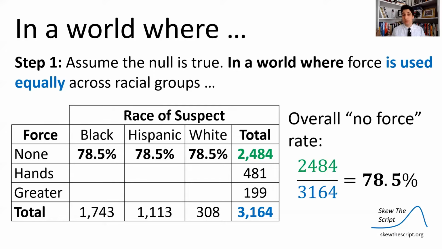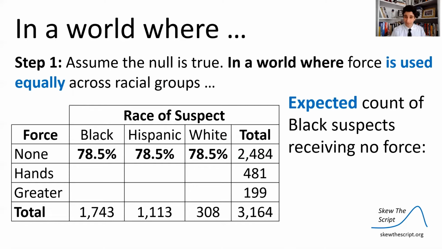So if we're assuming the null, in a world where levels of force are used equally across all racial groups, we should see in our data that about 78.5% of suspects from each racial group received no force. So to get these in terms of expected counts with our different sample size for each racial group, we can do a simple multiplication.